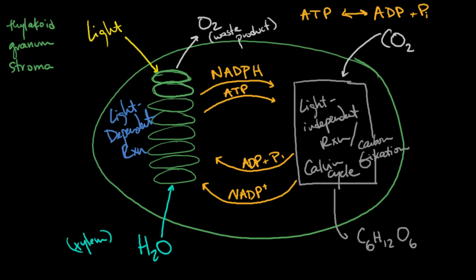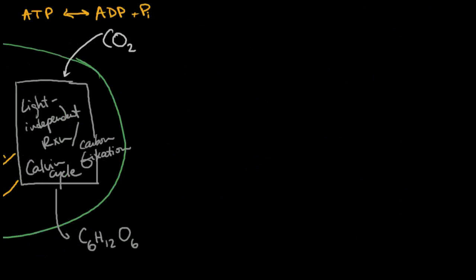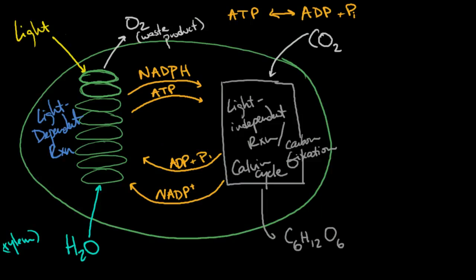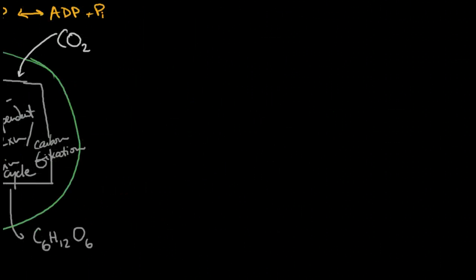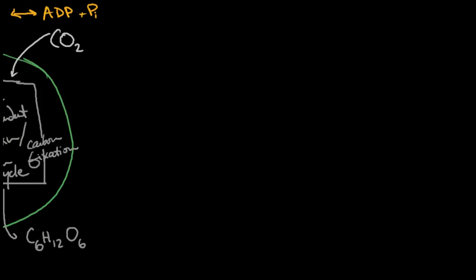So I guess one thing that I want to point out is that any of these reactants, water, light, carbon dioxide, if any of those things are limited, we always see a curve. Draw as straight a line as I can.